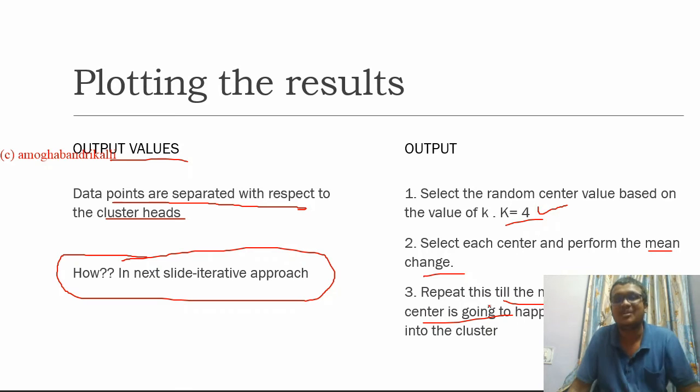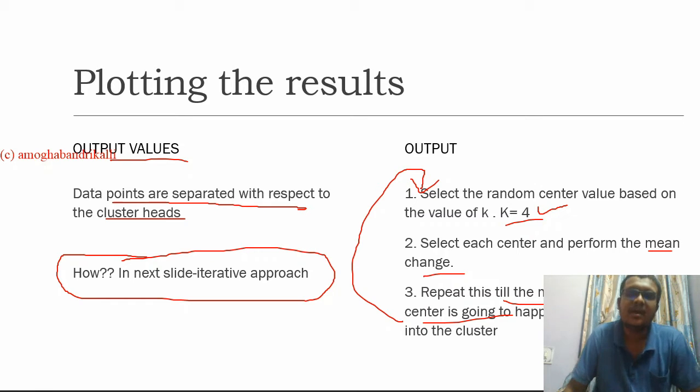What it actually means is that you need to continue these iterations until new points stop being added to the respective clusters. Until the addition of new points stops, this process will go on. Every time the centroid value will be changed.